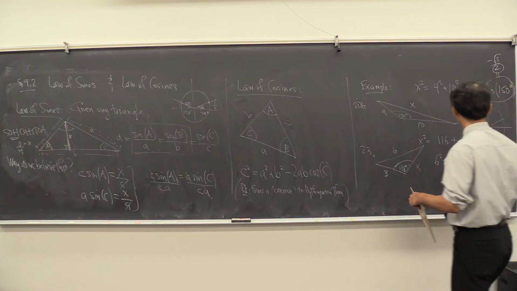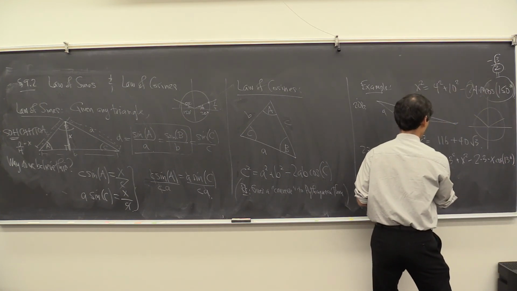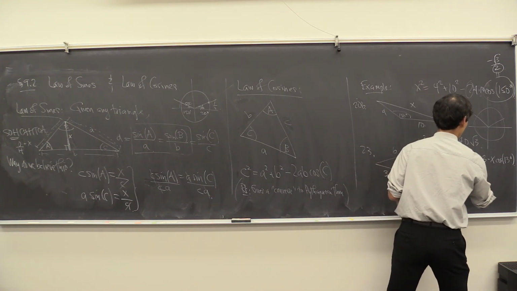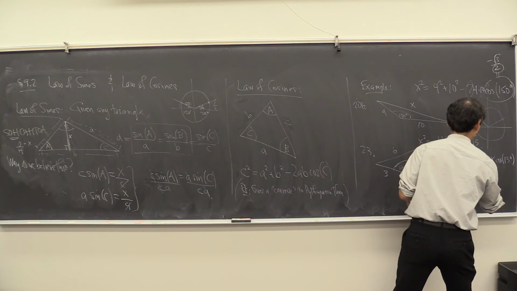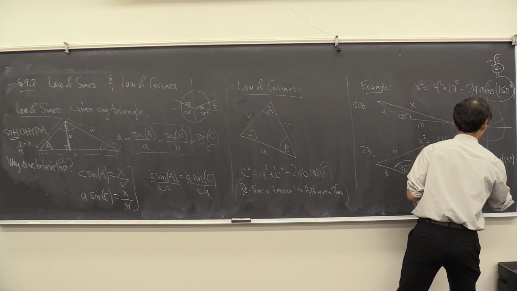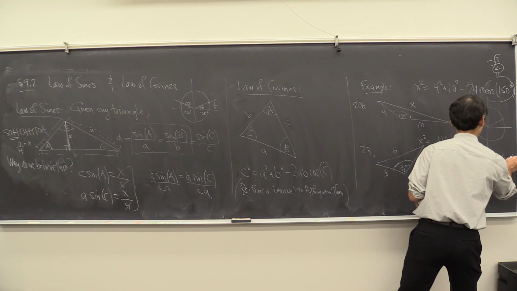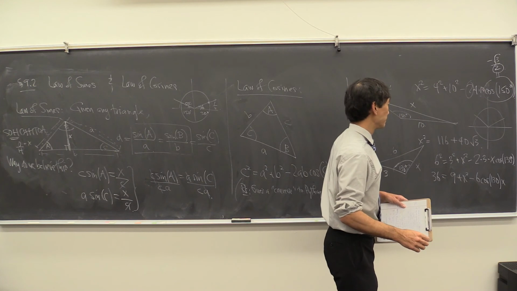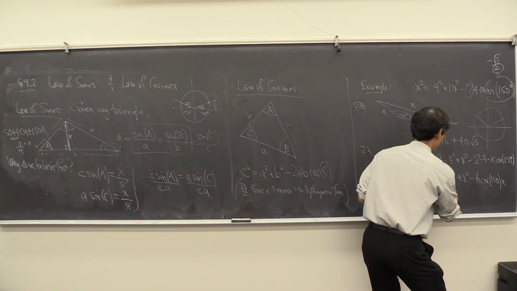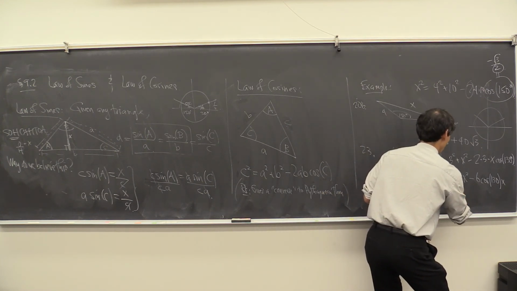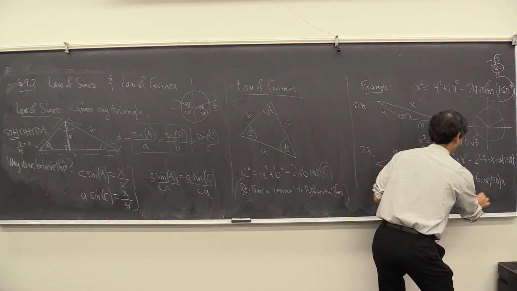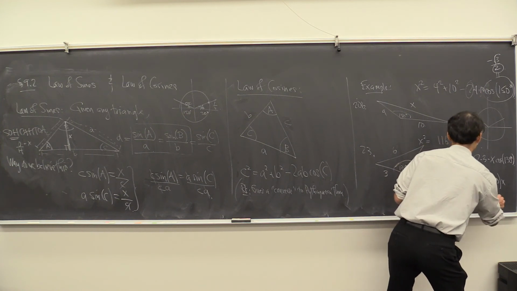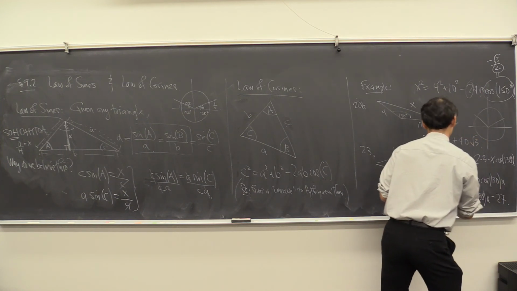So we're going to get 36 equals 9 plus x squared minus 6 times the cosine of 130 times x. So you end up with some quadratic equation, right? So you get x squared minus 6 cosine 130 degrees, x minus 27 is 0.